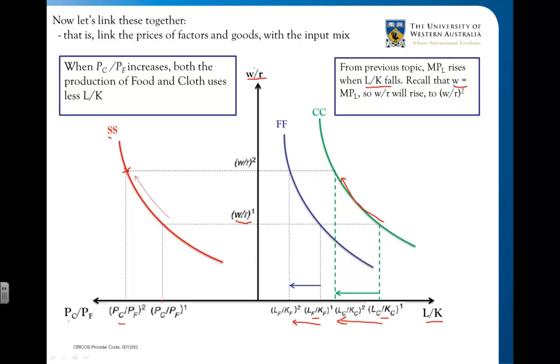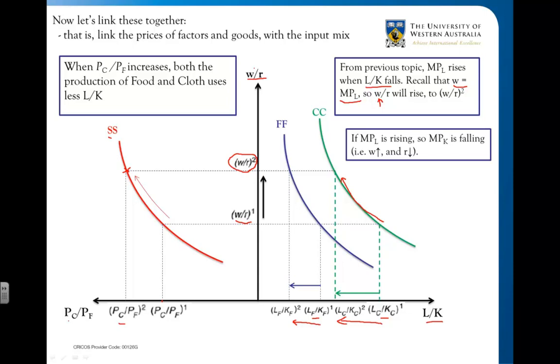Furthermore, given that we also established in a previous topic that the wage was equal to the marginal product of labour, that's what they were going to get paid, then by definition that is going to rise, and so down this way the relative wage is going to increase.